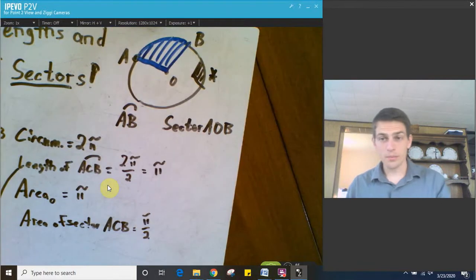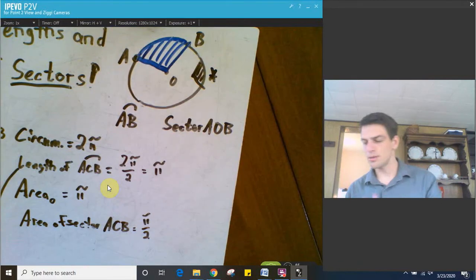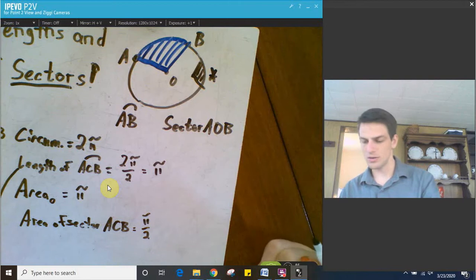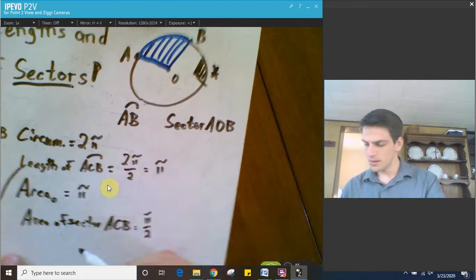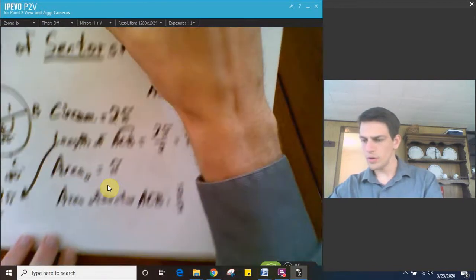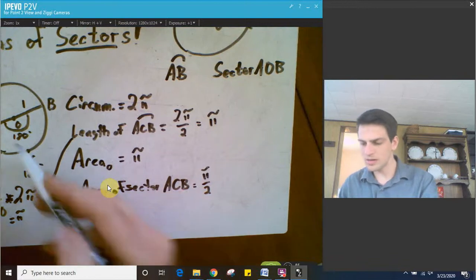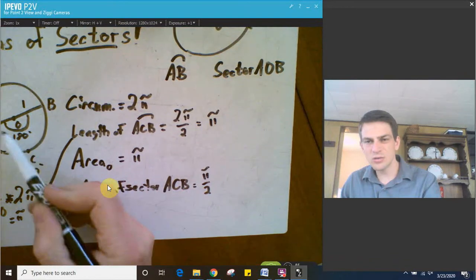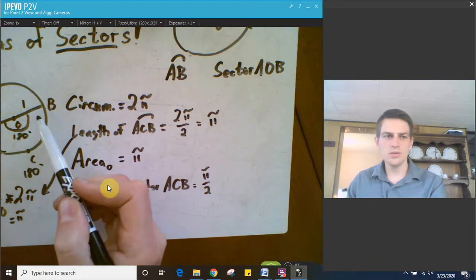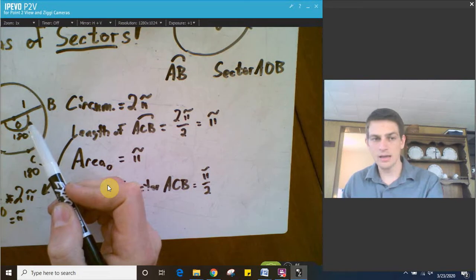Let's do the same process for the area of that sector AOB. So we know that there are 360 degrees in a circle, and this sector, that central angle of the sector, uses up 180 of those degrees.